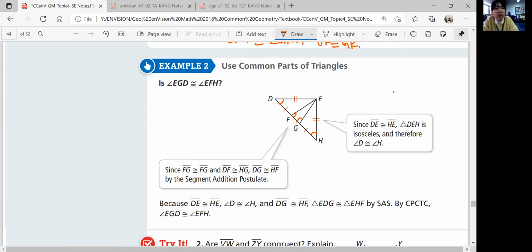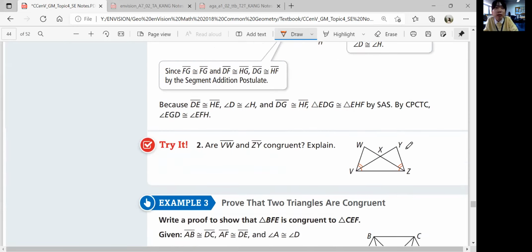So since the sides are congruent, we can say that DG is congruent to HF by the segment addition postulate. And because of that, we can prove that the two overlapping triangles are congruent by SAS. By CPCTC, your angles are congruent. Okay. So let's look at try question number 2.